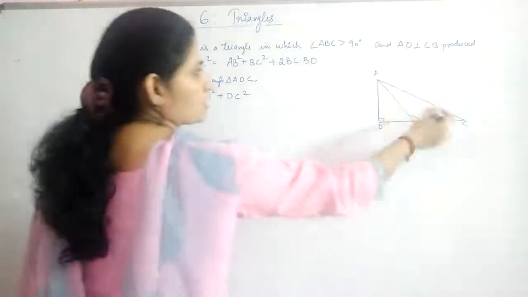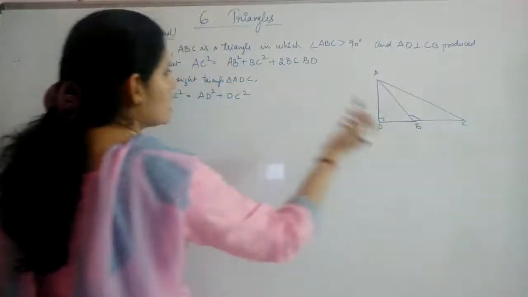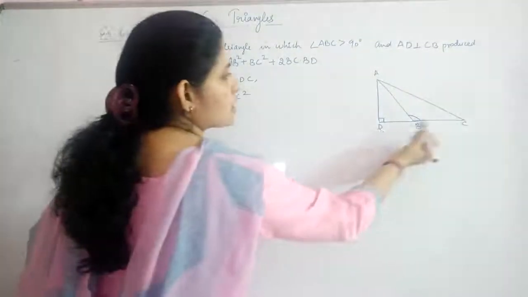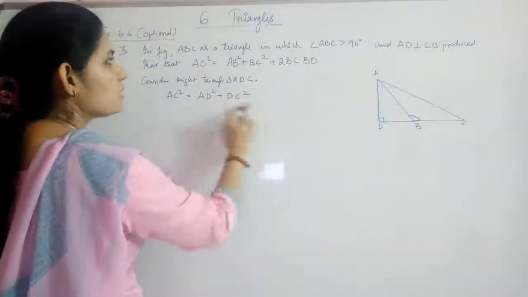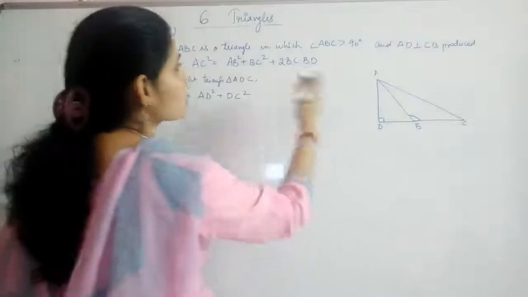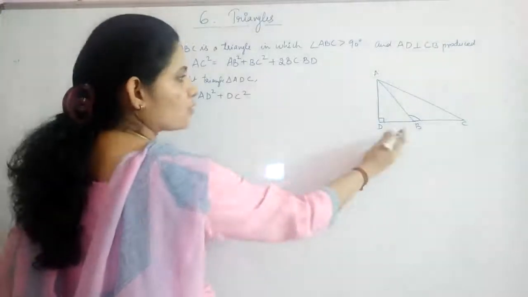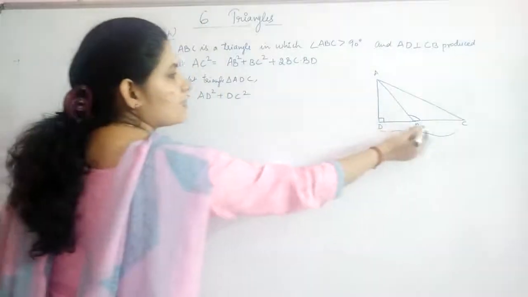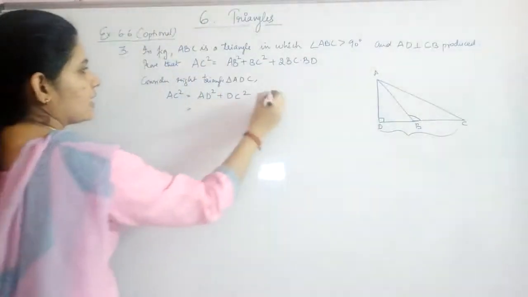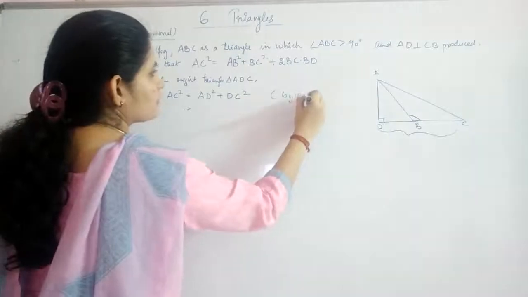Okay, AC square is equal to AD square plus DC square. Now what we are doing is, you can just see you don't have any DC here or AD here, so we need to change them in terms of BC, you have BC and BD. So we are just writing this DC as DB plus BC, and this is by Pythagoras theorem.